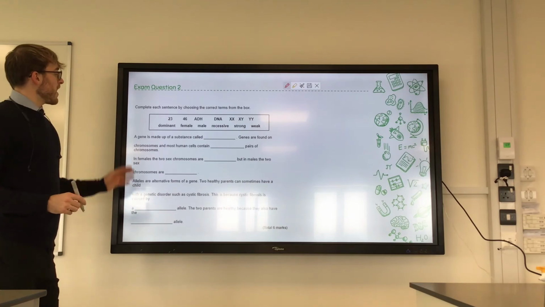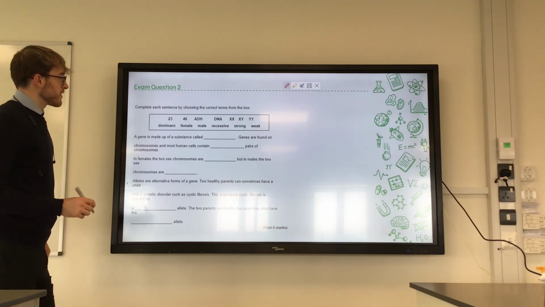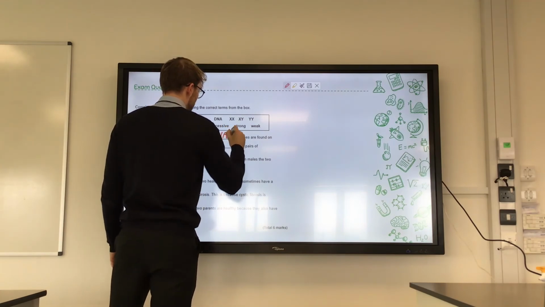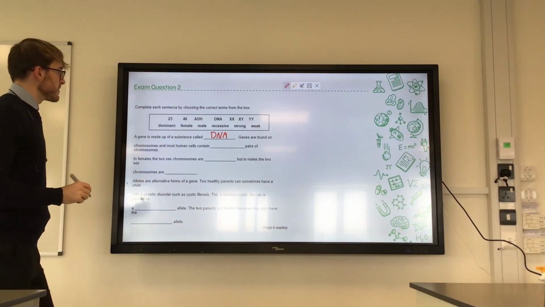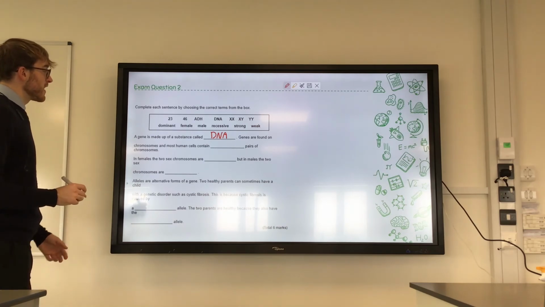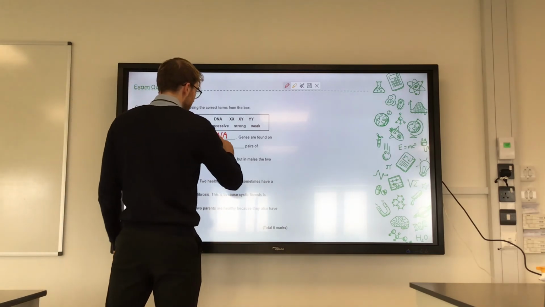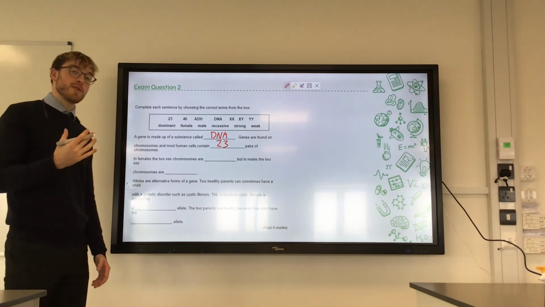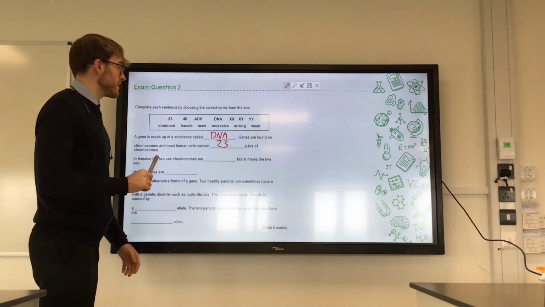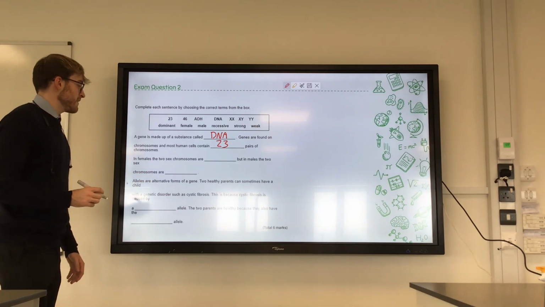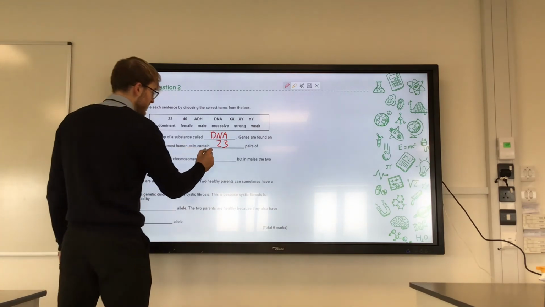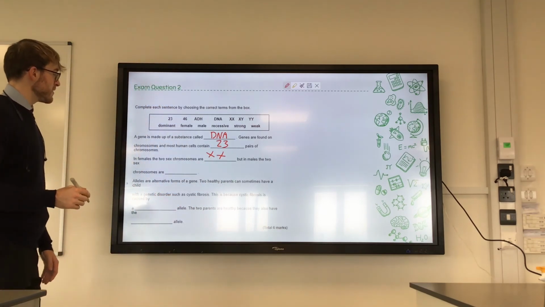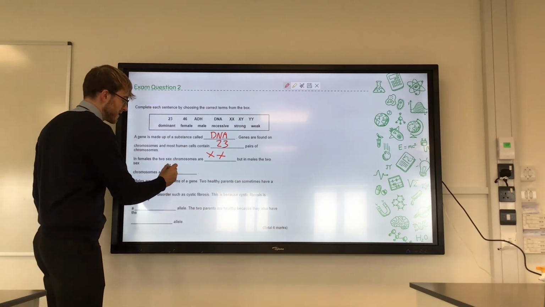So, a gene is made up of a substance called DNA. Genes are found on chromosomes, and most human cells contain 23 pairs of chromosomes. Remember, they have 23 pairs but 46 individual chromosomes. In females, the two sex chromosomes are XX, but in males, the two sex chromosomes are XY.